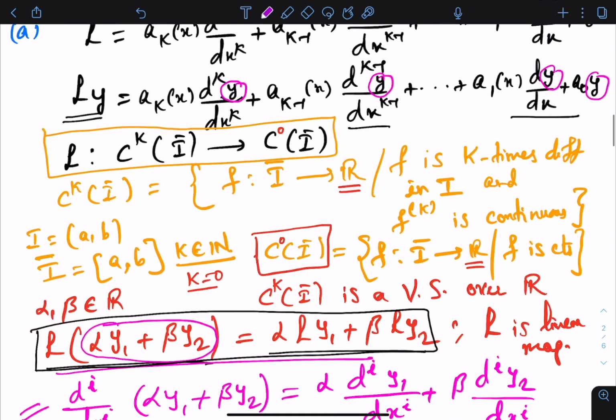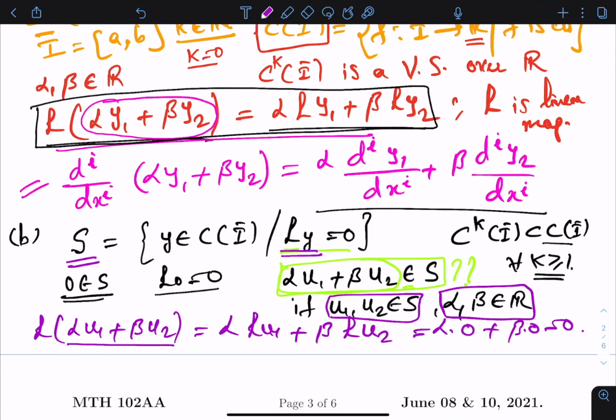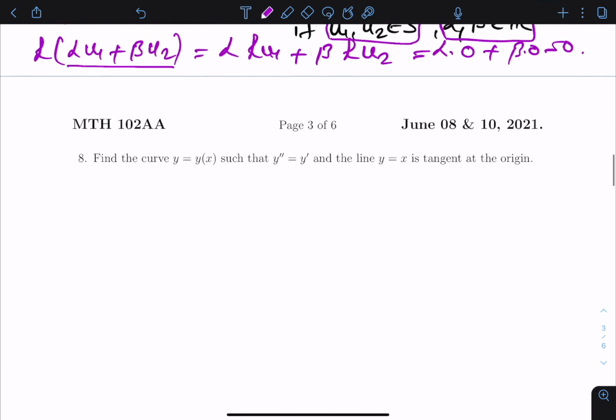Here I use the notation S, but in fact if you notice in the lectures, we use the notation N(L), which is the null space of the operator L. So S is precisely N(L), and we have just shown that N(L) is a vector subspace. We have actually shown this in the lecture as well. Okay, so now what is C asking? We will come to this question. Since there is no space, we will continue 7C here.